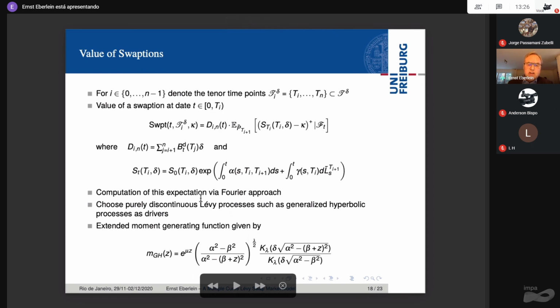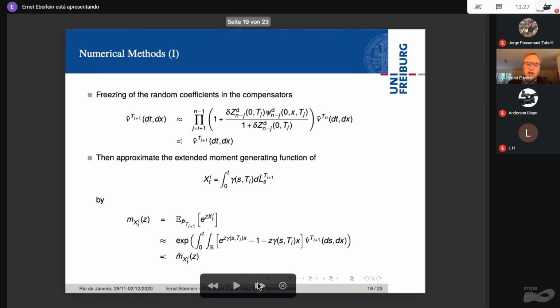In the implementation, we use purely discontinuous Lévy processes, namely generalized hyperbolic processes. The Gaussian part would not really improve the result. The input is given by writing the moment generating function down. We have to use the compensator in an approximative form, namely we have to freeze the terms.